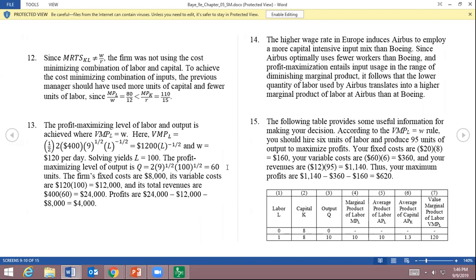So questions on how we got to 100? Square root just means square root.